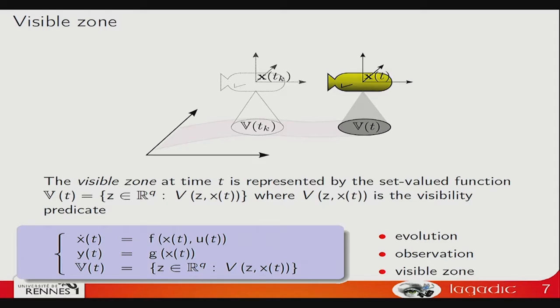And how do we define if a point is visible or not? We use a visibility predicate, which is true if the point z is visible from state x of t. The way to define it is often to use an inequality constraint: you have a function which is negative when the point is visible.